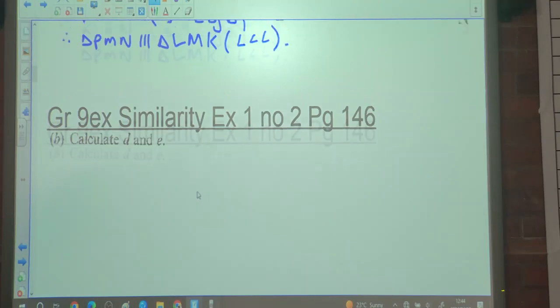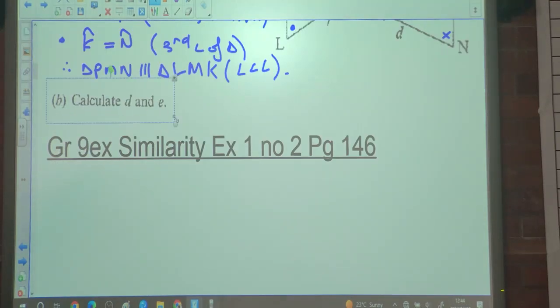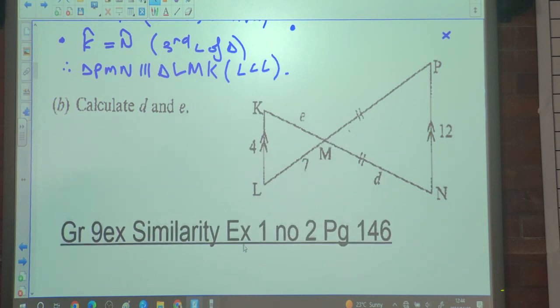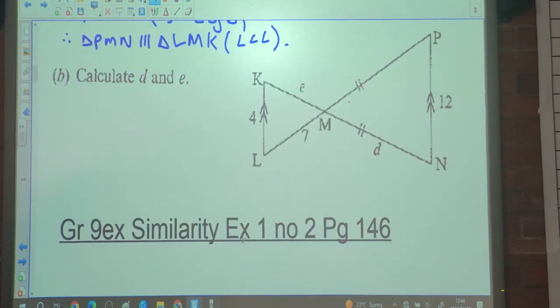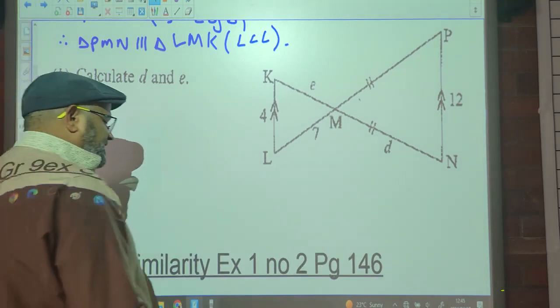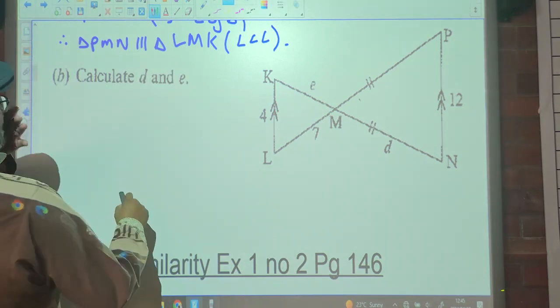Okay. People, the next question, of course, what did we say? A distance question will follow the similarity question. So we keep that information here. Alright. B: calculate D and E. So where do we start?